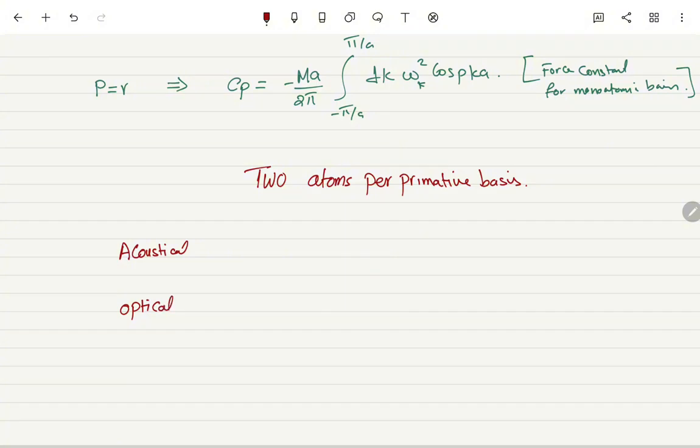Now, in acoustical modes, we have longitudinal acoustical and transverse acoustical. So this one here is longitudinal acoustical, and this one here is transverse acoustical.